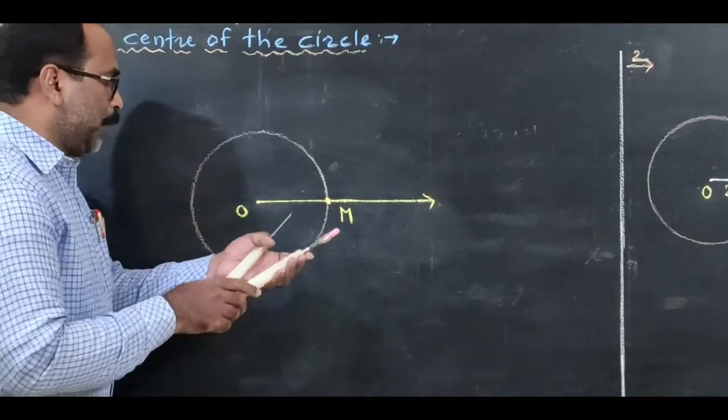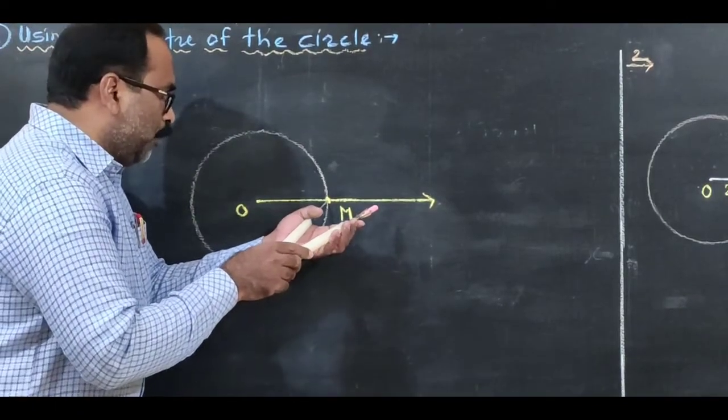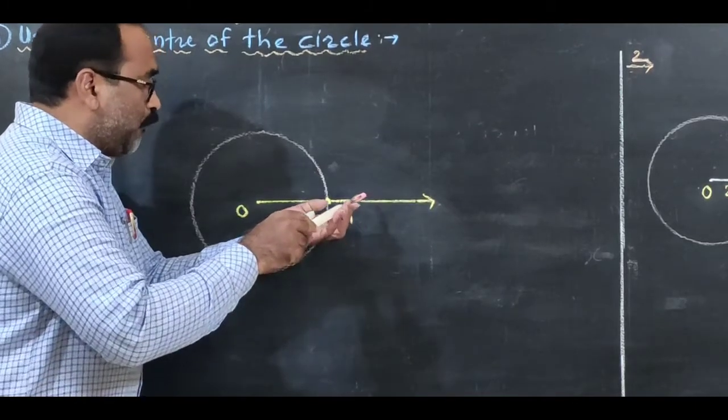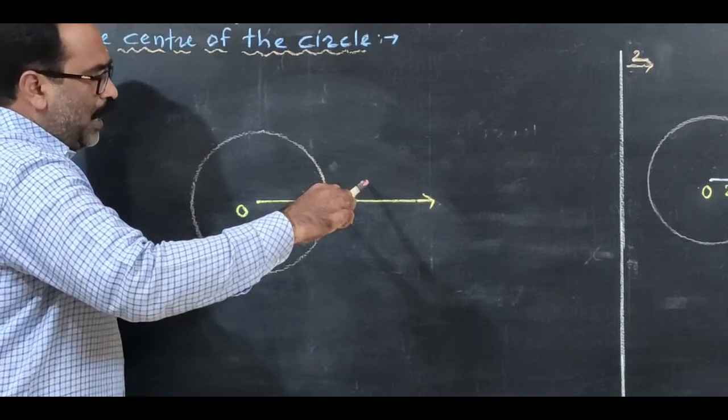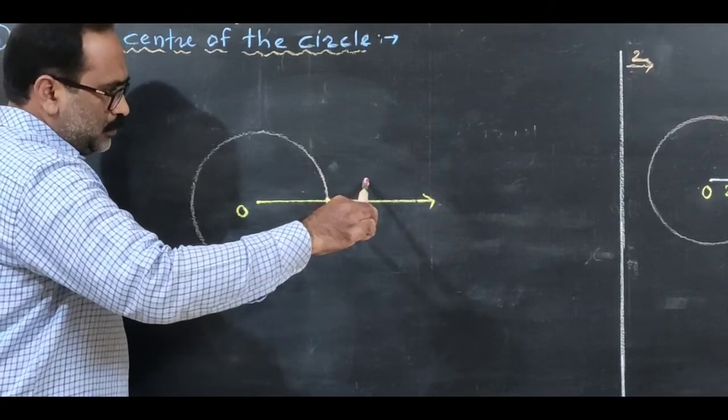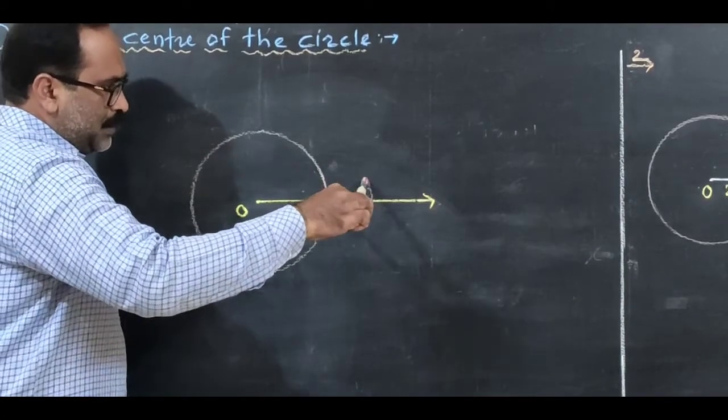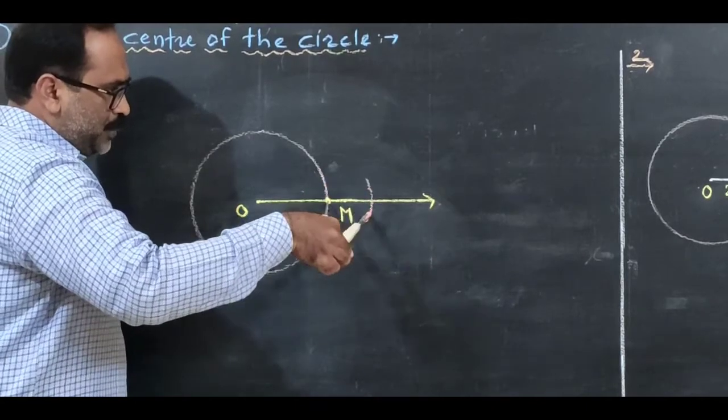To draw the perpendicular through point M, we put the nib of our compass at M and take a convenient distance and draw an arc on both sides of M of the same distance.